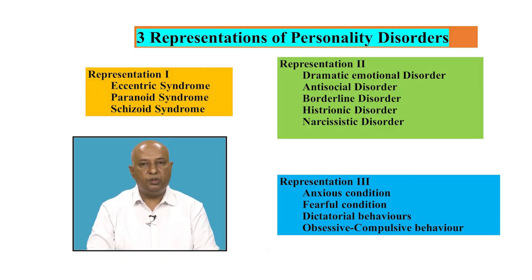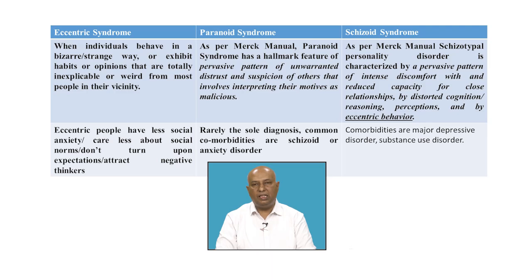Representation 2 is dramatic emotional personality disorder: ASPD, antisocial personality disorder, BPD, borderline personality disorder, HPD, histrionic personality disorder, narcissistic personality disorder. And last, the most common you easily encounter in your life around others: anxious conditions, fearful conditions or disorders, dictatorial behaviors, and OCDs, obsessive compulsive disorders.